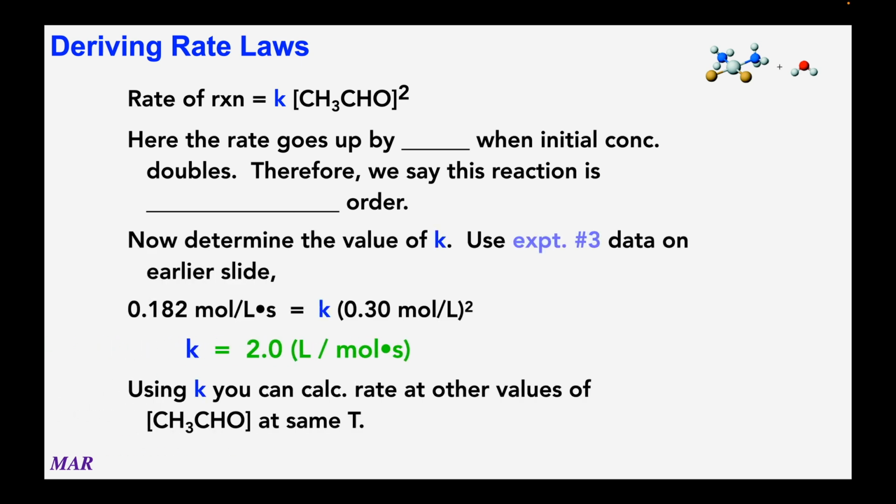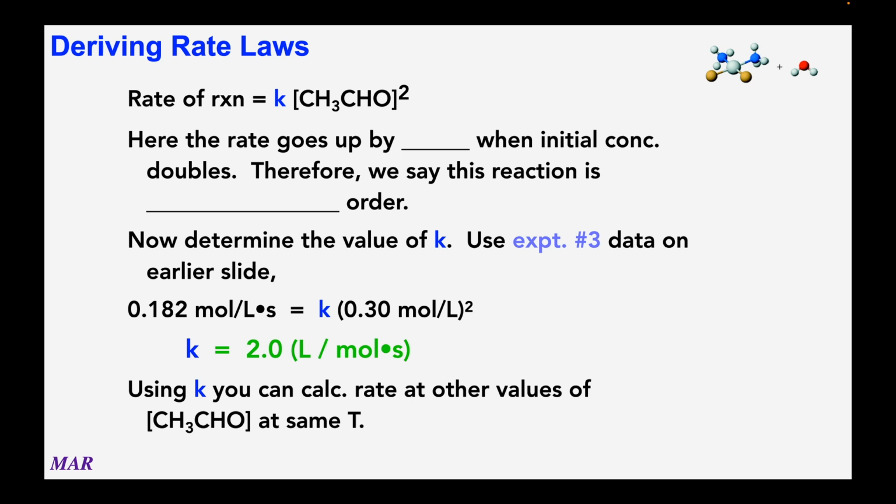The last thing we need to do is find the value of the rate constant K. If you look back in the set of data we started this problem with, for experiment number 3, the rate was 0.182 molar per second, and the concentration of the ethanal was 0.30 moles per liter. At the time, we didn't know the rate order, but now we know it is 2.